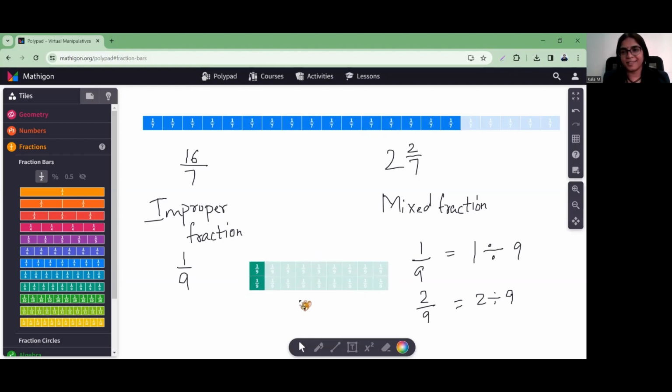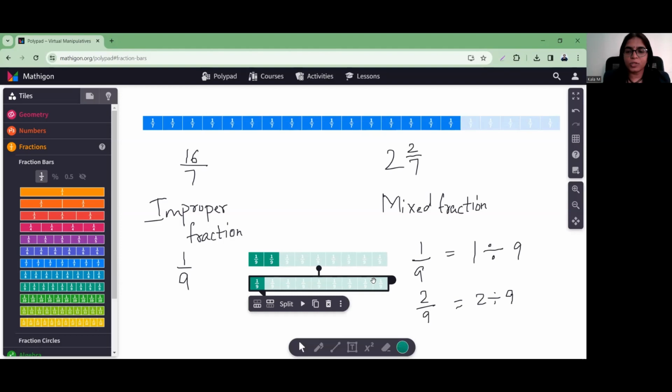This is 2/9. However it is, a fraction means 1/9 is 1 divided by 9, 2/4 means 2 divided by 4, 5/6 means 5 divided by 6. Now, this is the actual understanding.